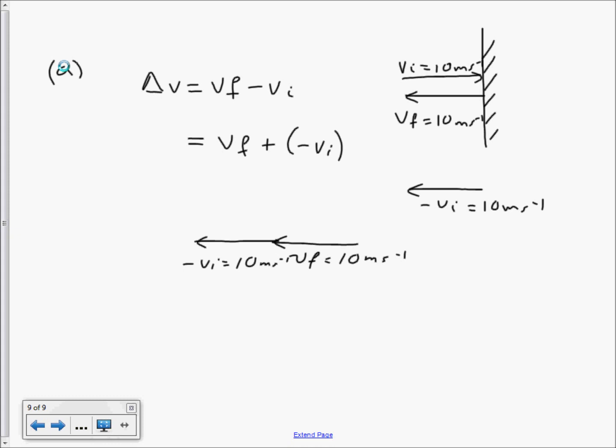And I think you can see then that the change in velocity is 20 meters per second. And it should make sense, and we can talk about this perhaps in class, that the change in velocity would be directed away from the wall, because in this case with my diagram, the wall will exert a force away from the wall, and that's therefore the direction of the change in velocity.